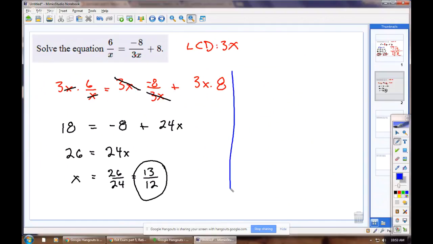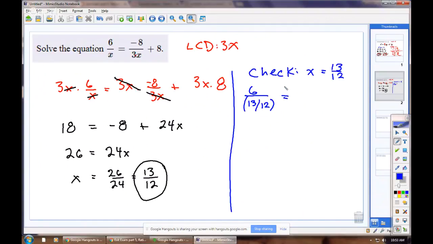So we're going to come over here and check to see if it's true that x does equal 13 twelfths. Sometimes checking is just as much work as solving, but you got to do it. 6 over 13 twelfths.